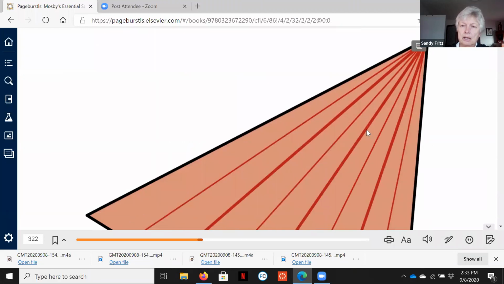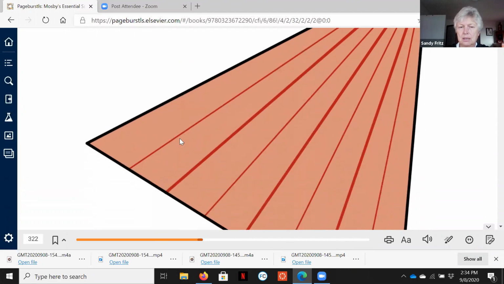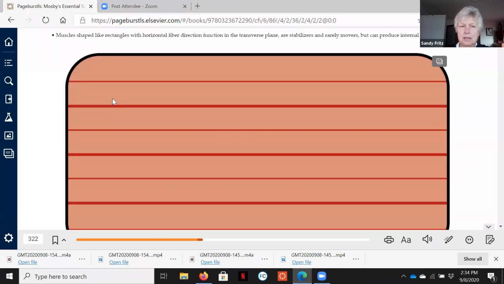Now, if it is a diagonal, a triangle, and this could be with the point in any direction, then it's going to function more on the frontal plane, and it's going to be an abductor and an adductor. And if it is horizontal as opposed to perpendicular, it's going to function primarily on the transverse plane, and it's going to rotate.